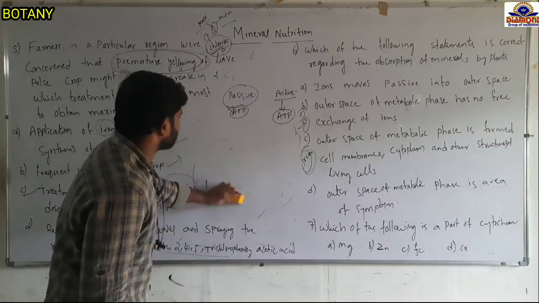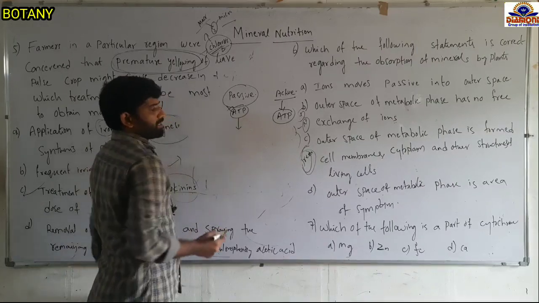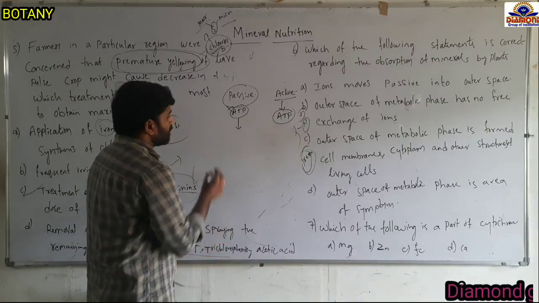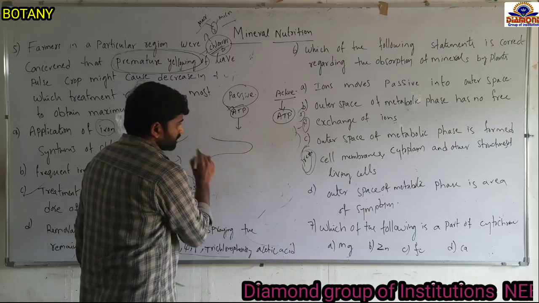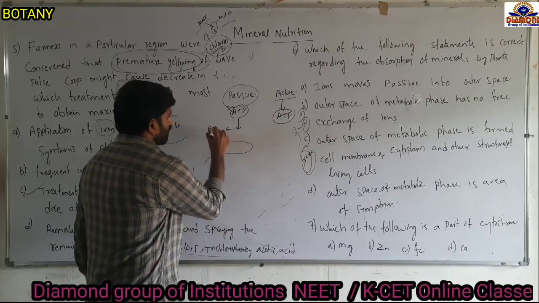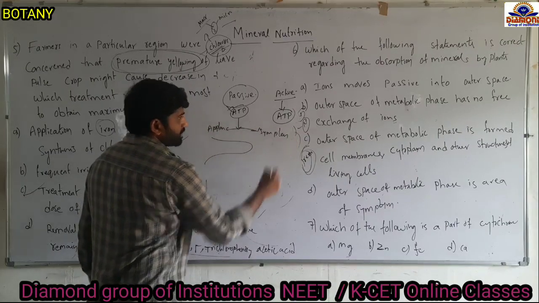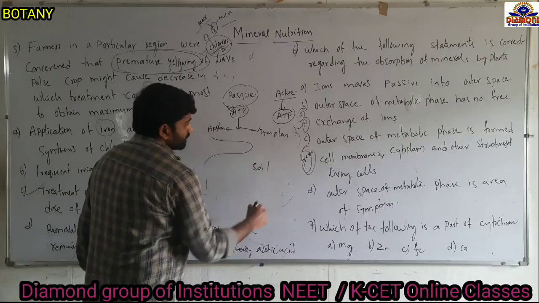So in passive absorption, the absorption of elements from the soil into the plant body, that is the root hair cells, occurs in two ways: one is apoplast, and the other is symplast. So what happens in the apoplast?